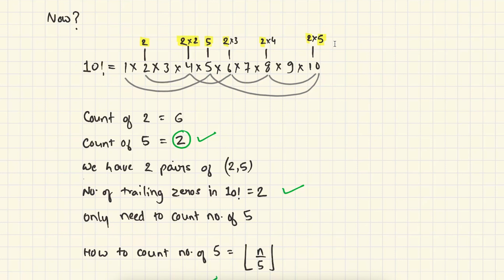And if you again observe this factorial series, every fifth term is contributing 5. It means 5 is contributing 5 and 10 is also contributing 5. So in this factorial of 10, the number of 2's is 6 and the number of 5's is 2.